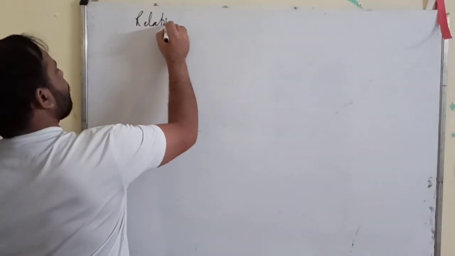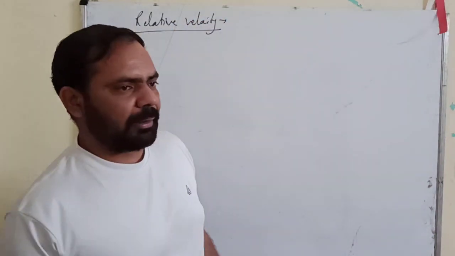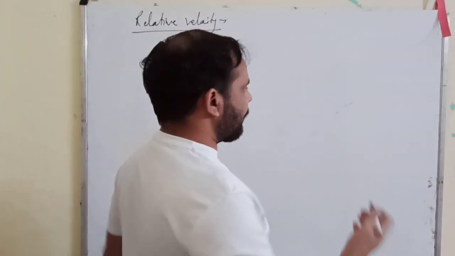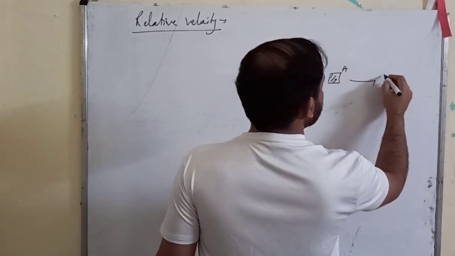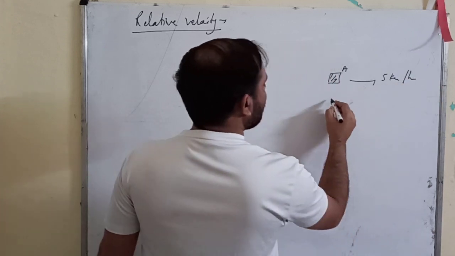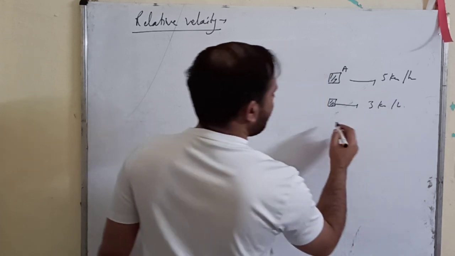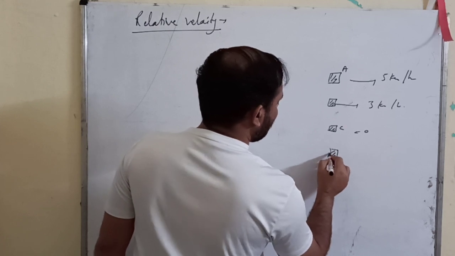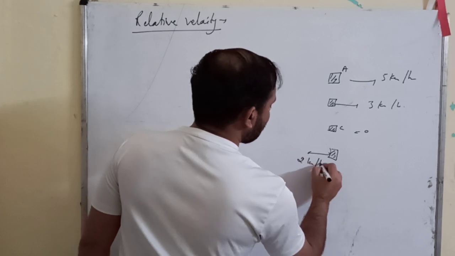Okay, next thing is relative velocity. Let me give you an example. Suppose A is moving in this direction with 5 km per hour and B is moving in this direction with 3 km per hour, and C is at rest, and D is moving in this direction with a speed of, suppose, 2 kilometers per hour.